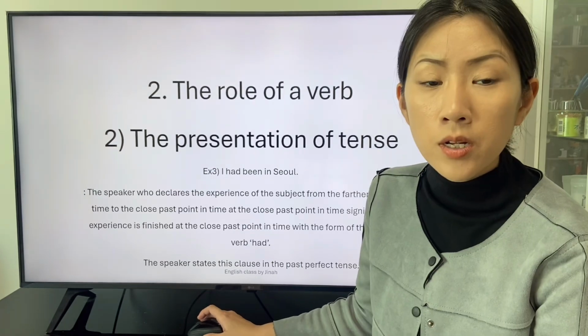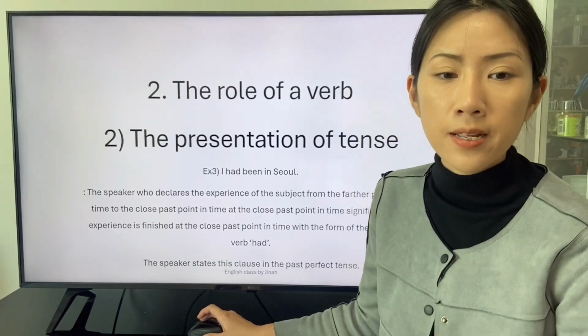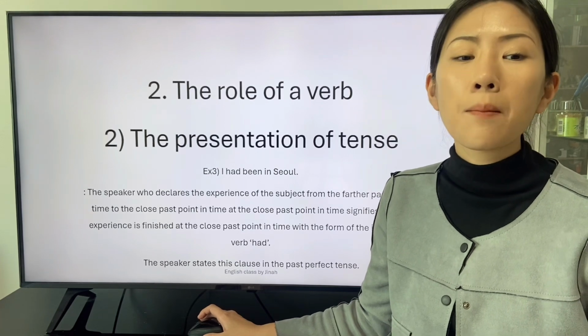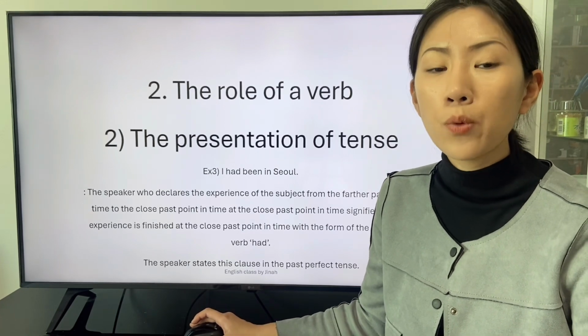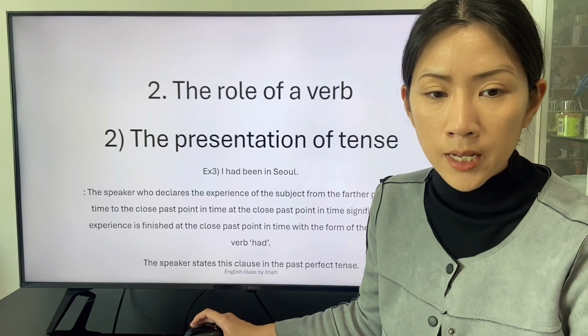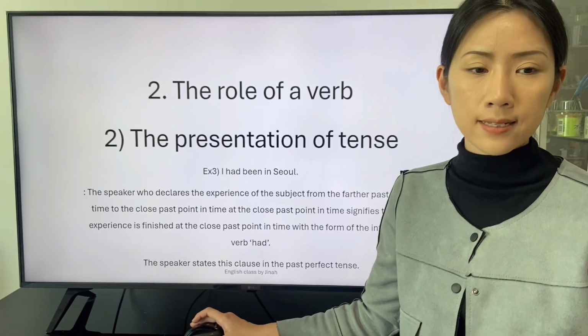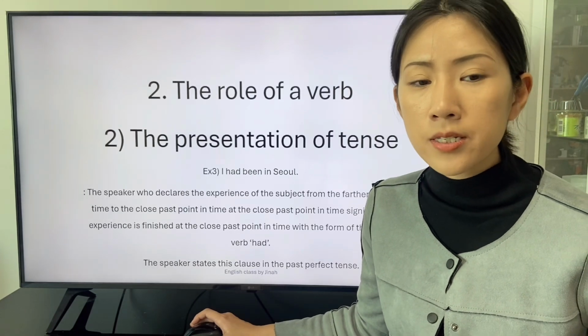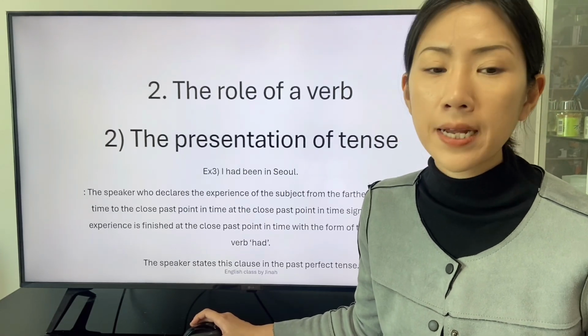The close past point in time signifies that the experience is finished at the close past point in time with the form of the intransitive verb had. The speaker states this clause in the past perfect tense.